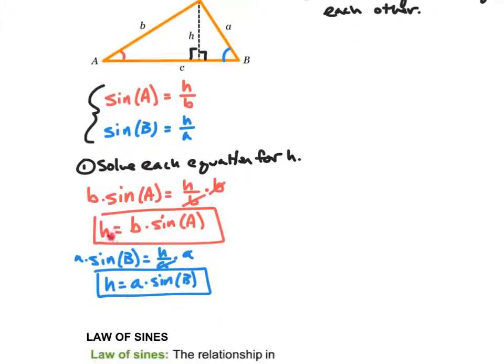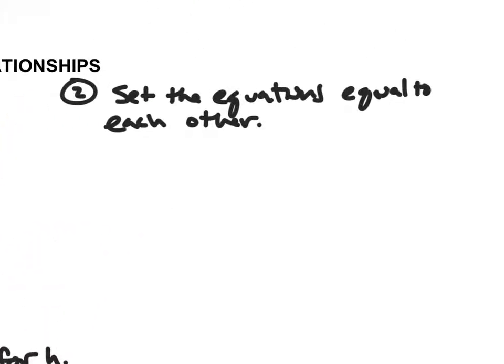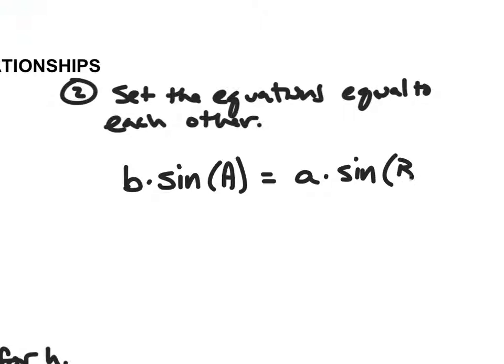So if I solve each of them for h, I can plug in b times sine of A into h of my other equation, okay? So what we end up getting is this statement that b times sine of angle A is equal to A times sine of angle B. Now I can divide both sides by A. I'll do this one first.